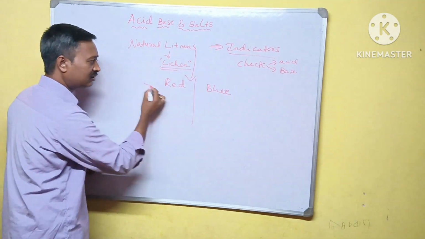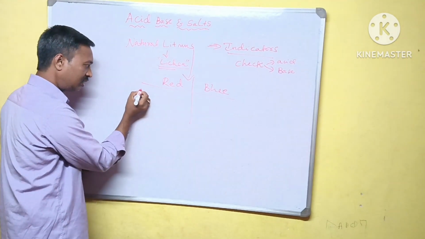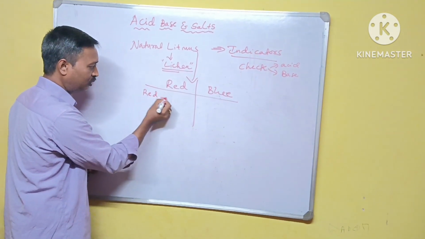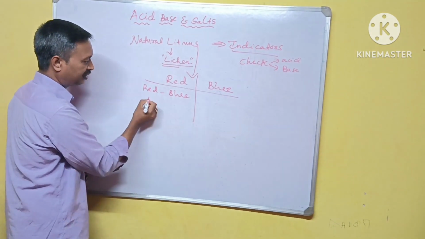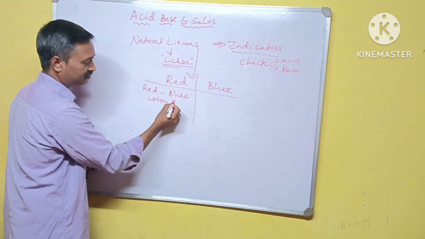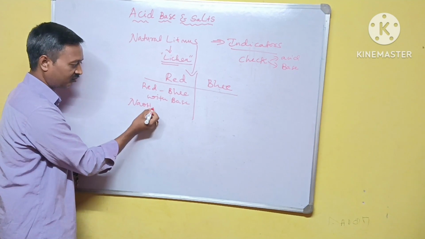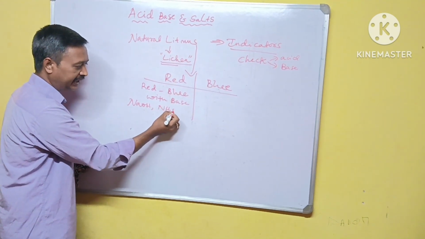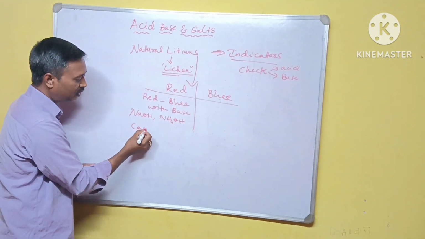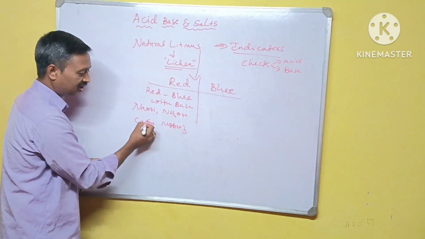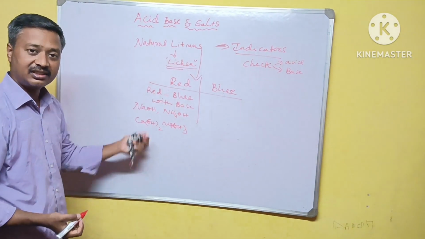Red litmus changes to blue with the bases. Which are the bases? NaOH, NH4OH, CaOH, MgOH. These are all bases.